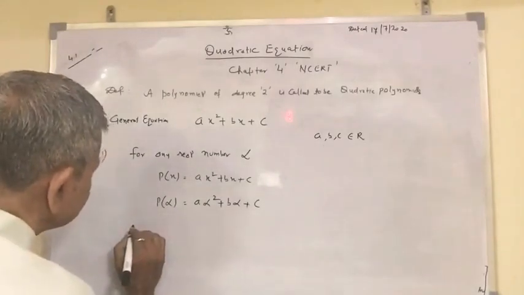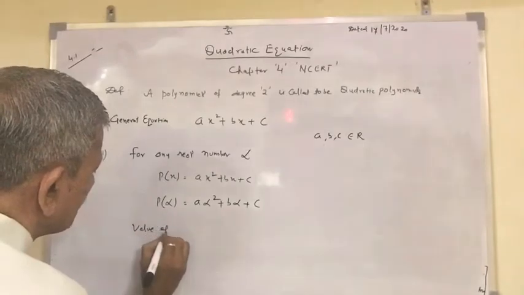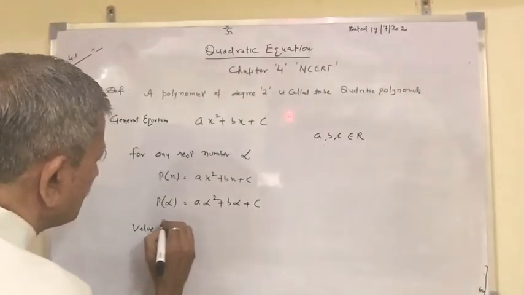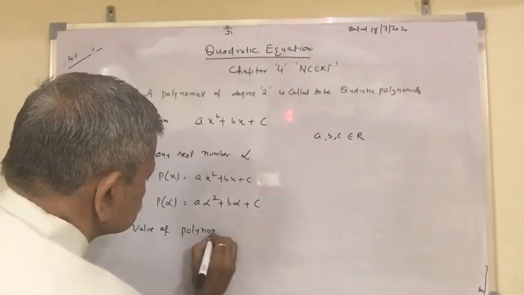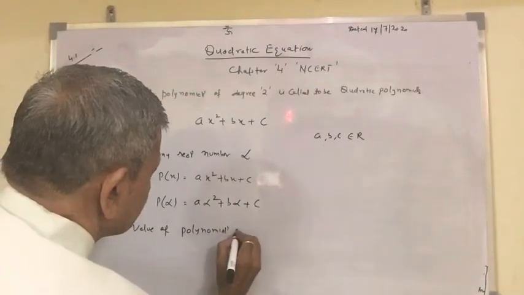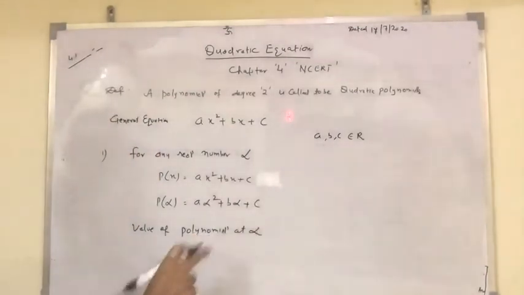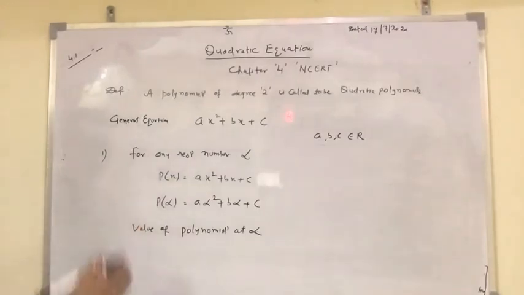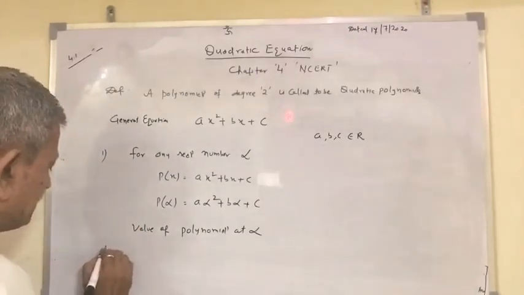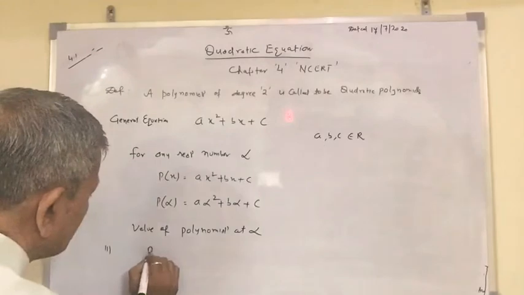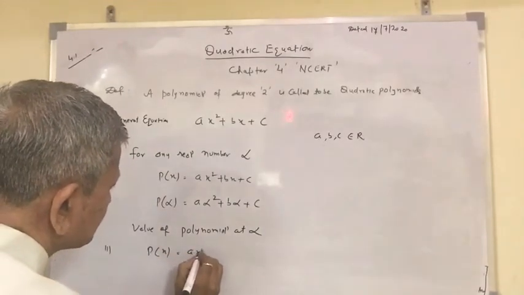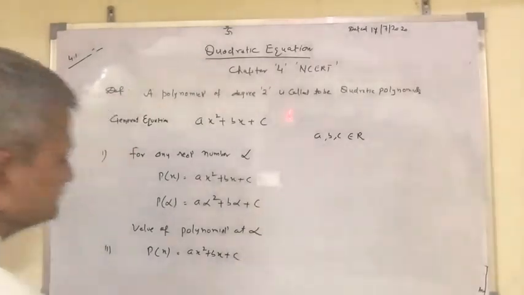So this is the first part which you have to remember. The second part is, suppose again we have the polynomial p(x) = ax² + bx + c.